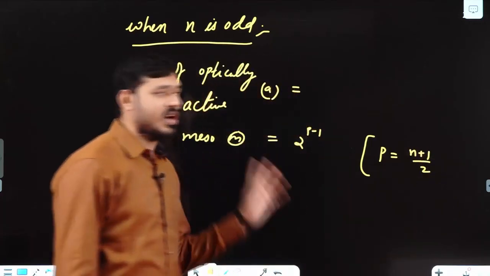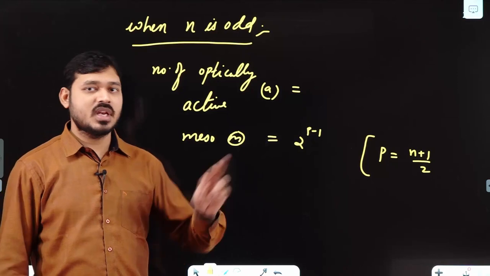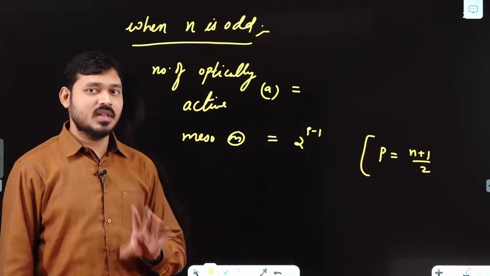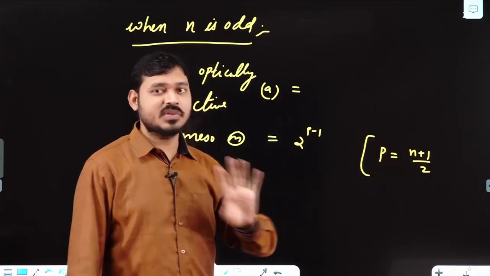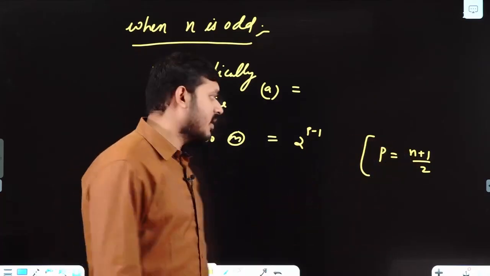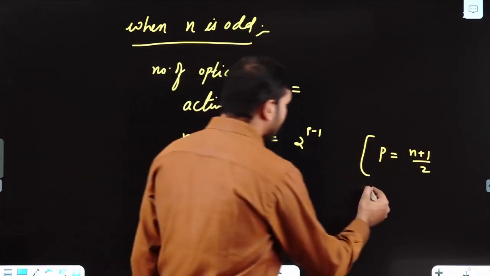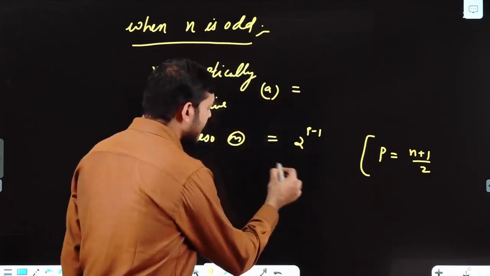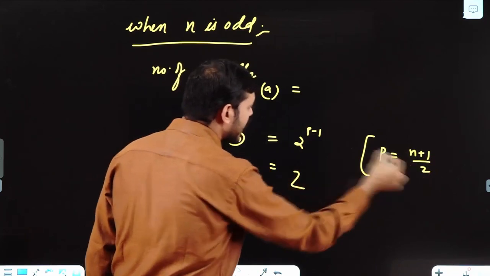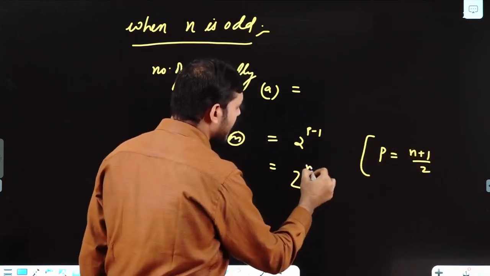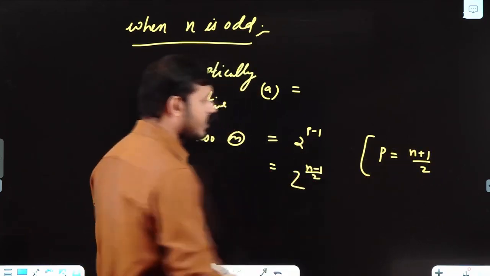Why? Because n is odd. Suppose n equals 3, 5, 7, then 3 plus 1, 4 by 2 is 2. That's why we have to take n plus 1 by 2. Or you may say this as 2 to the power, p is n plus 1 by 2 minus 1. So it is simply n minus 1 by 2.